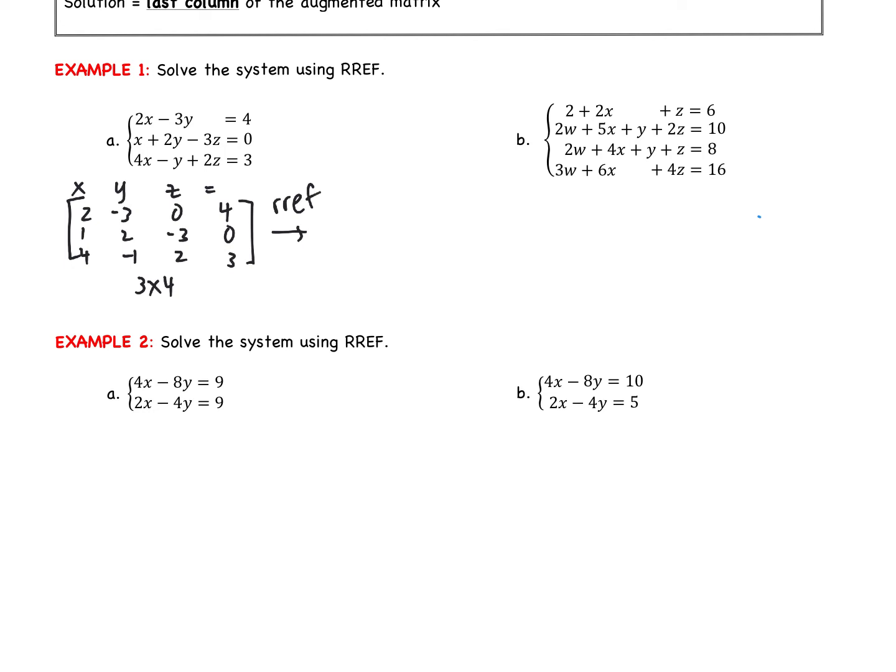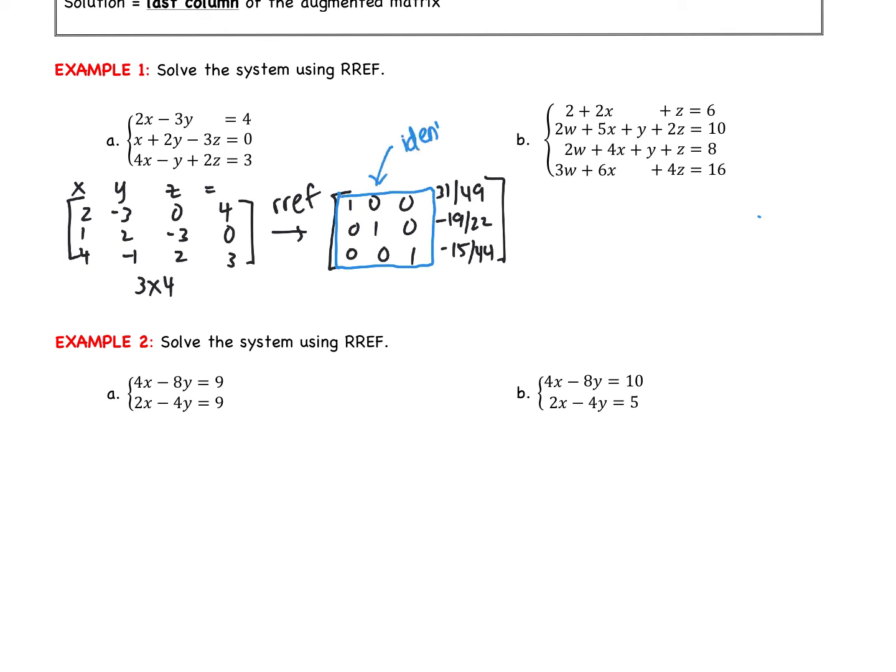Okay, so that is not our answer, but that tells us what the answer is. The first thing that I want you to notice is in this new matrix we have, the first 3 numbers, this matrix is called the identity matrix. What you should notice is it has 1s on the diagonal, 0s everywhere else.